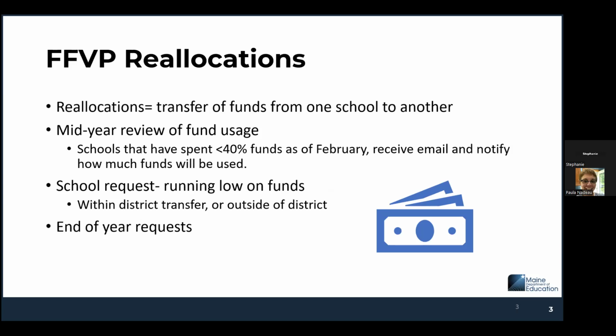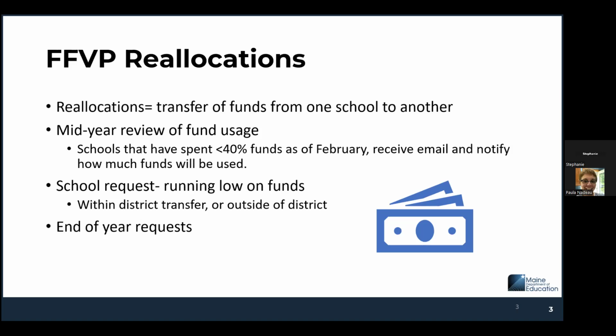As far as the reallocation process goes, I do this several times throughout the year. The first one is a mid-year review of fund usage, where I look at what schools have spent to date. I pull that FFVP usage report, and for schools that have spent less than 40% of their funds by February, after the January claims have been paid, you'll receive an email from me.